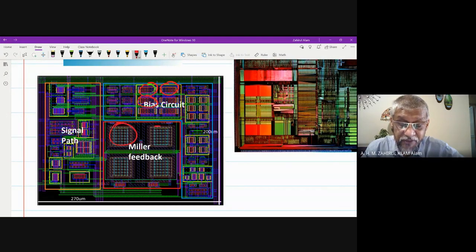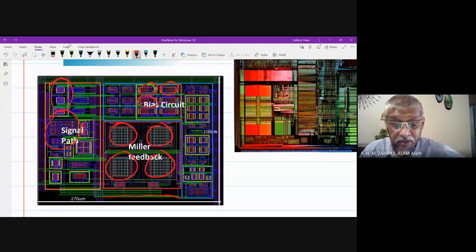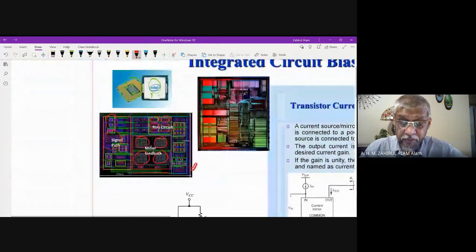There is also some amplifier circuit, and these are the connections between all the transistors, and also there are some other transistor circuits. That means all the circuits are connected very nicely on the same base we call a wafer, and now we make it very small and very compact.